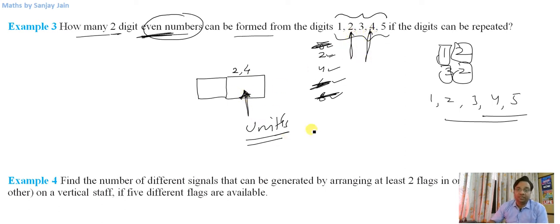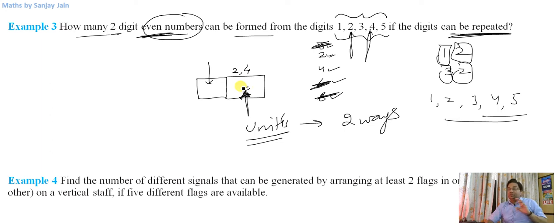So units place can be filled in two ways, and this tens place, digits can be repeated, right? So once you have filled this units place, you are not left with any lesser number of digits. You can still use any of these 5 digits at this place.